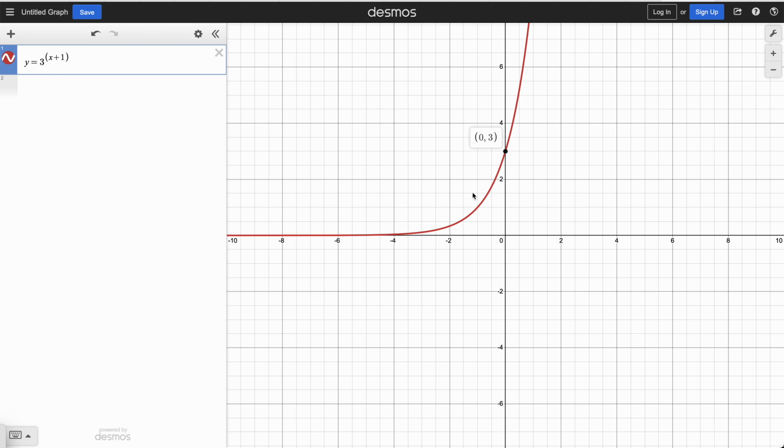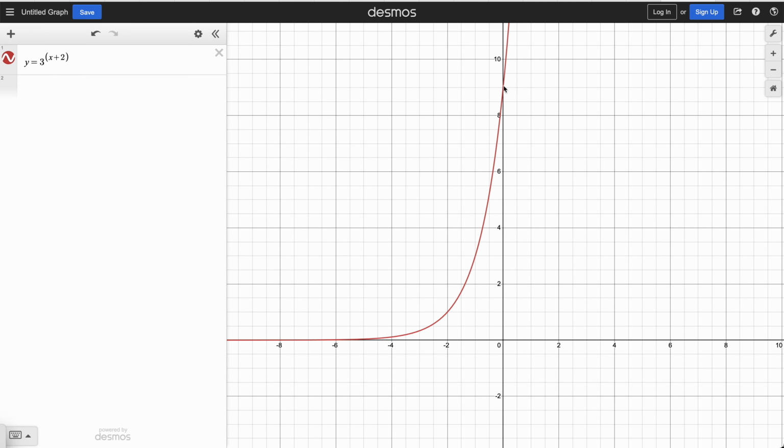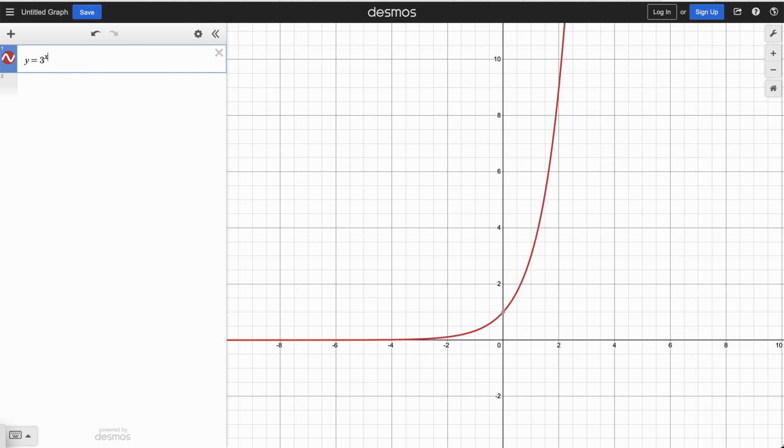So it's going to cross at 0, 3, and it's going to move that. Now let's see what happens when we do 2. When I do 2, you'll notice it doesn't even cross in the lower part of the axis. It crosses at 9. So the behavior of what we're doing in this exponent is much harder to predict than the behavior if I'm adding or subtracting at the end.